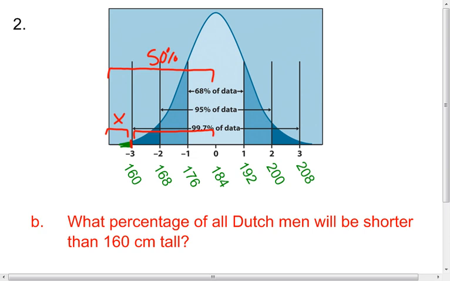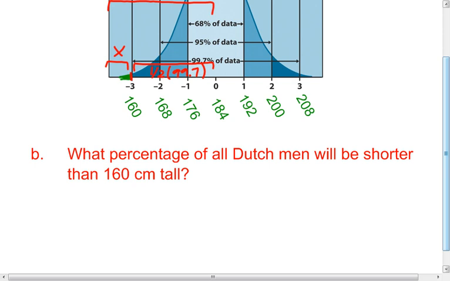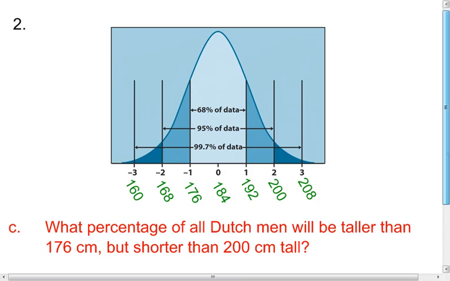So you're going to take 50 minus half of this 99.7 right here. And if you take 50 minus half of the 99.7, you should get 0.15%. So not even, just a little over 1/10%. Very, very few people of Dutch descent are shorter than 160 centimeters.